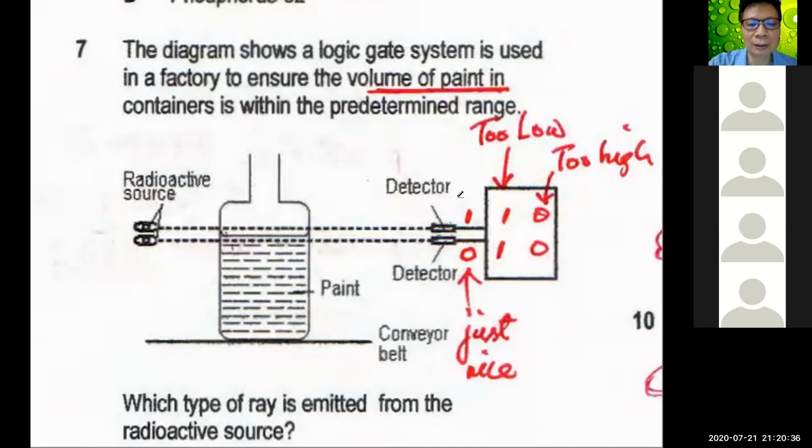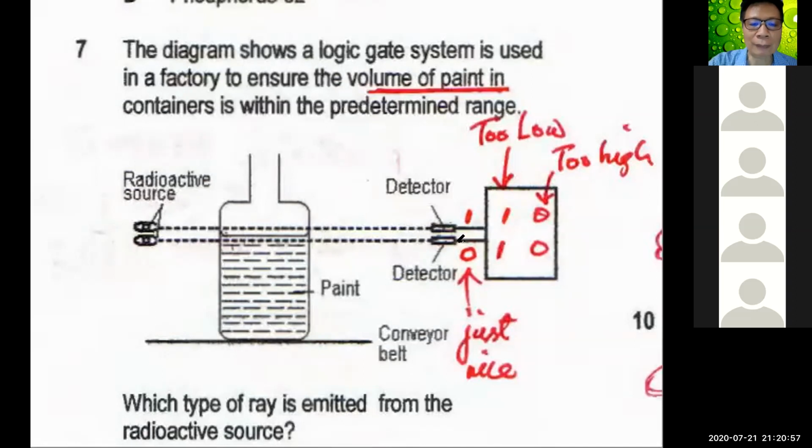Then another one scans over here, where there is paint now, or fruit juice or whatever. It will block or absorb the radiation. So the radiation that comes over here becomes less. So it becomes 0.